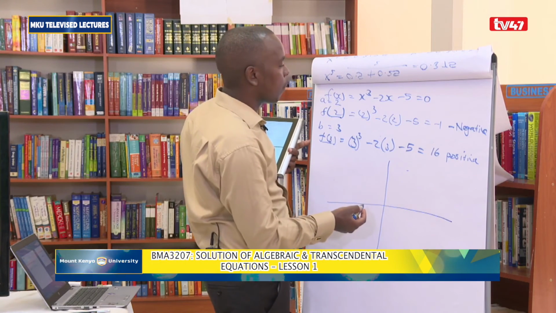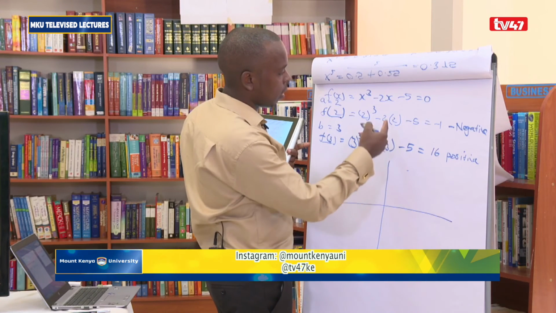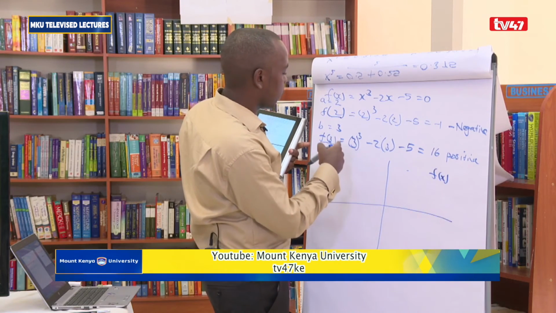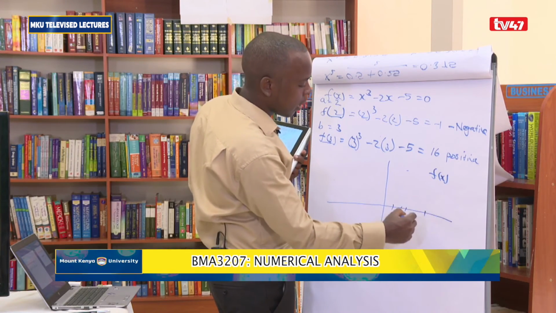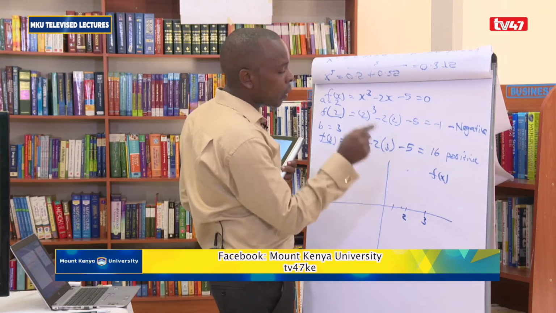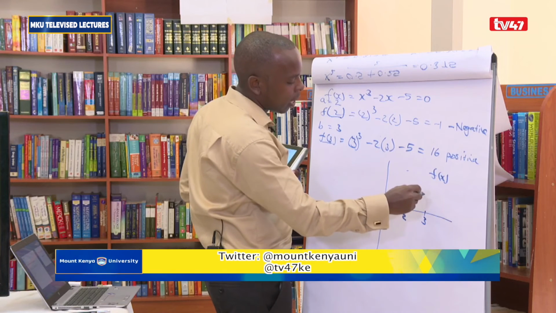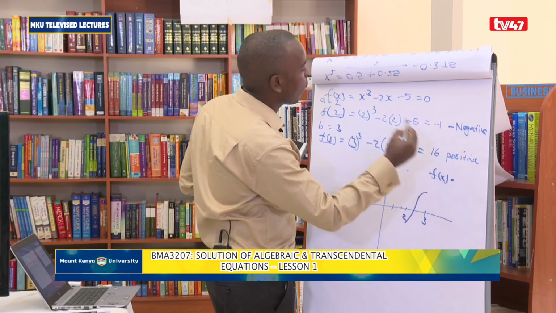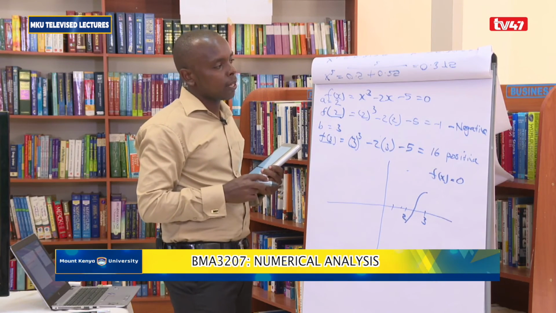If we have a function f of x, then 3 is somewhere at this point, and 2 is somewhere at this point. So this function will definitely cut our x-axis somewhere in between, if we assume that this is our function, x cubed minus 2x minus 5.